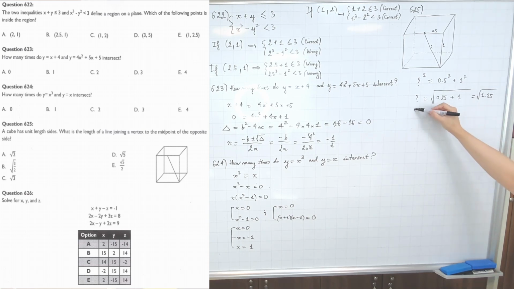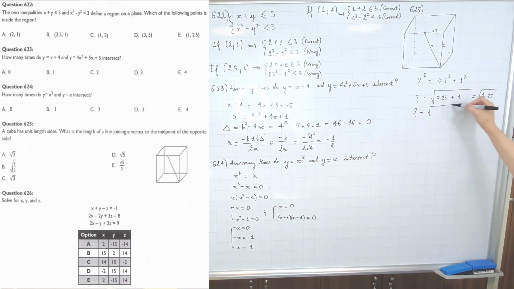So 1.25 is basically 125 over 100, isn't it? And then you see the answers. There's either number 5, 3 or 2 in the answers. You have to find a way to convert this into number 5, I believe.